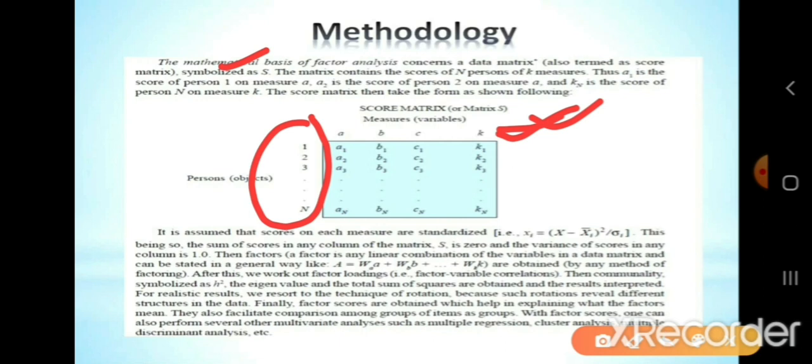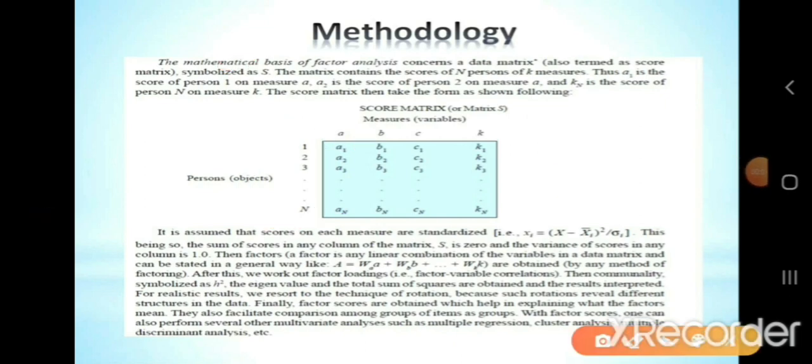Measures means variables. Thus A1 is the score of person 1 on variable A. Similarly, A2 is the score of person 2 on variable A. So the score matrix will be in this form.